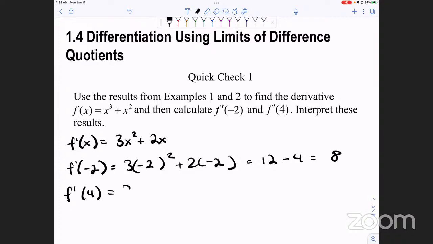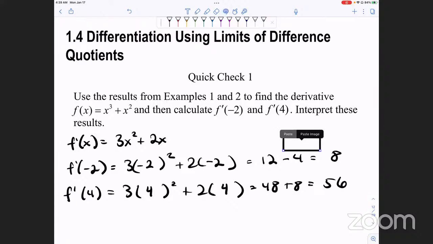Or 3 times x squared plus 2 times x, where x in this case is 4. 16 times 3 is 48. These are the slopes of the tangent lines at these points.